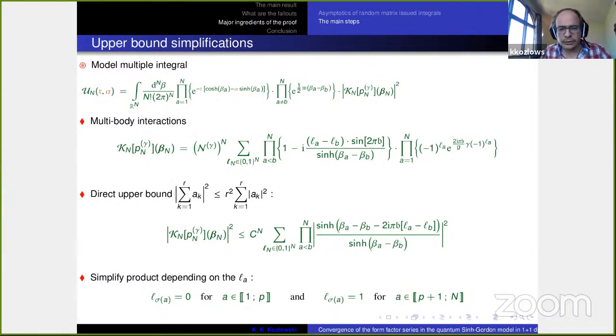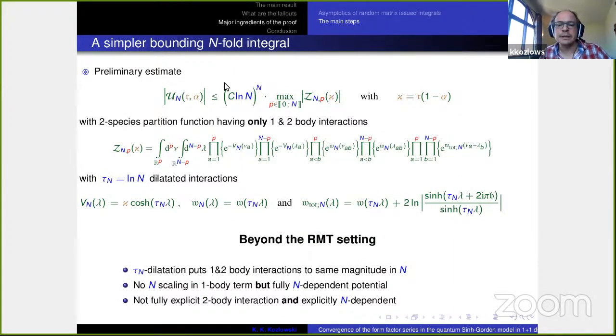You do some combinatorics with it. It's not so relevant, but basically the bottom line is that you can bound the original integral by an integral which is already much closer in spirit to the ones appearing in random matrix theory. You bound it by a maximum of n+1 n-fold integrals. These are integrals which involve a two-species random matrix.